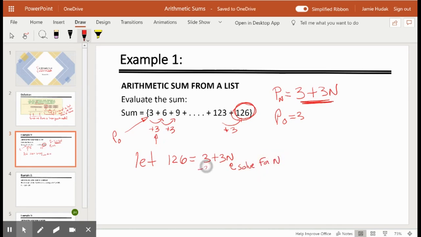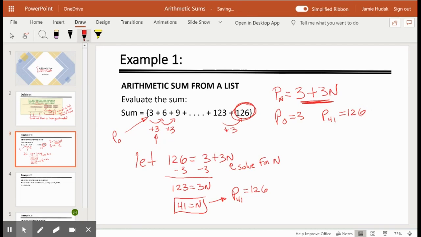So we subtract 3 from both sides. 123 is equal to 3n. If you divide both sides by 3, you get that 41 is equal to n. That means that P subscript 41 is equal to 126. Now that we know the subscript of 126, we know how many terms we have here.